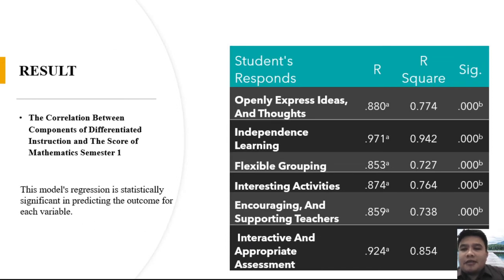So here are the results, the findings for this research. The first finding is the correlation between the components of differentiated instruction and the score of mathematics semester 1.